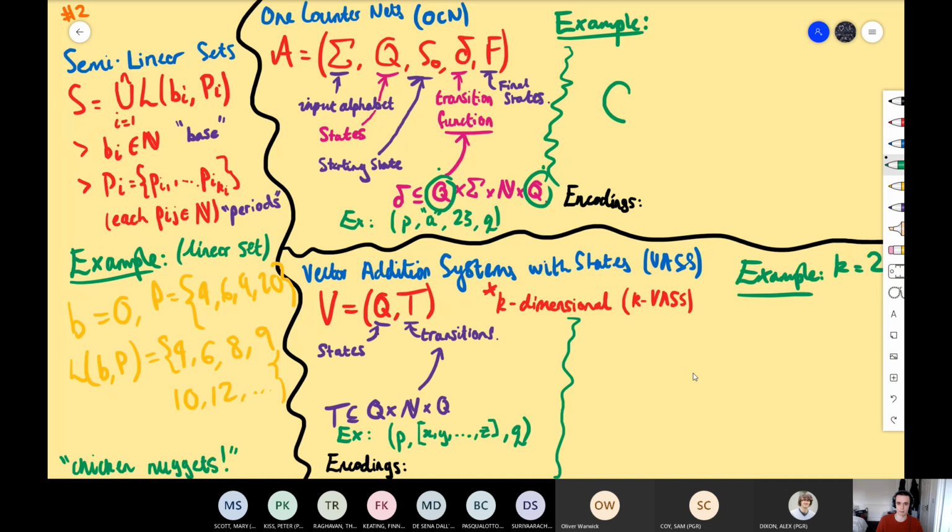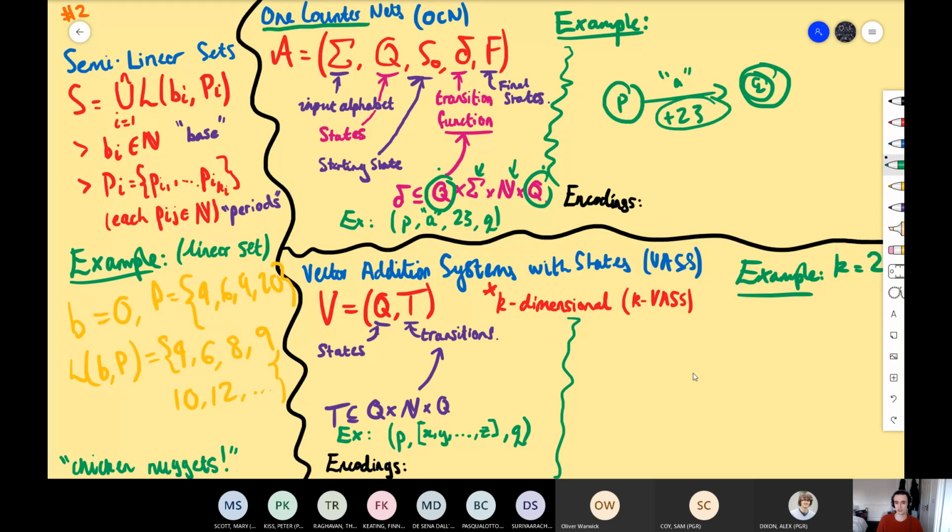The transition function takes two states, the starting and ending state of the direction. So if I imagine drawing this out, let's suppose the second one is final. This one's called P, this one's called Q, and you equip it with some letter and a natural number. Let's suppose it reads an A. I'll write that on the top half of the transition, and on the bottom half, it updates the counter with this value here.